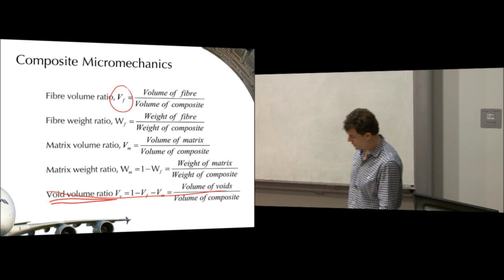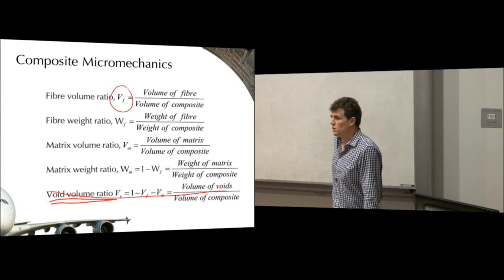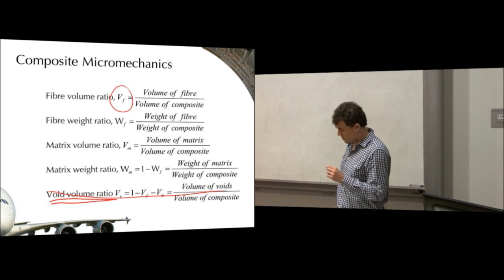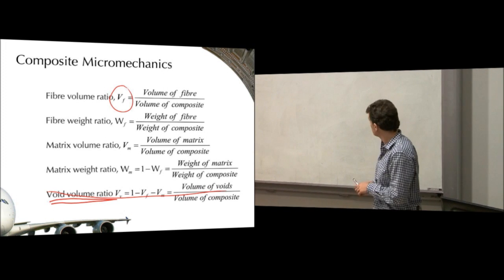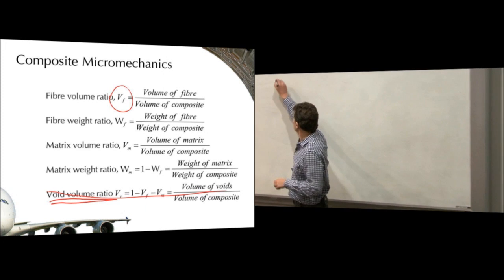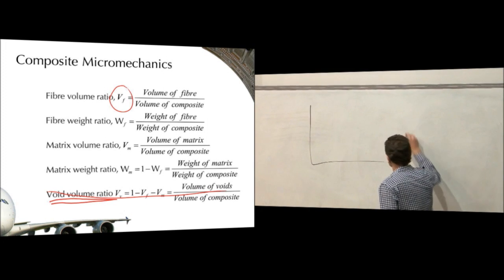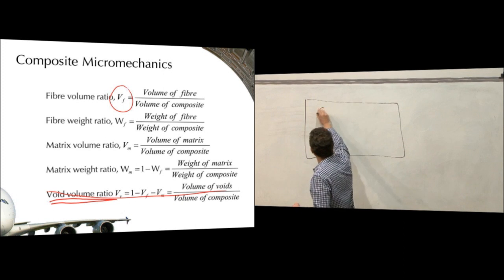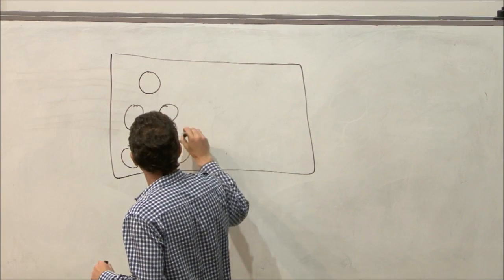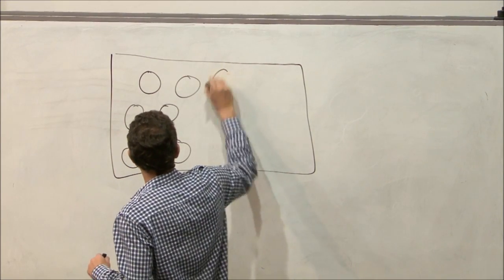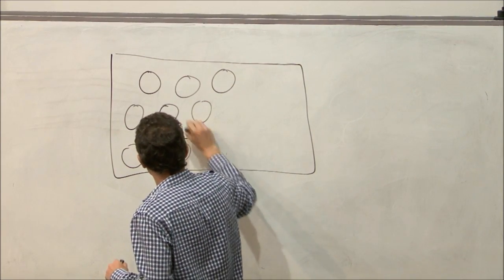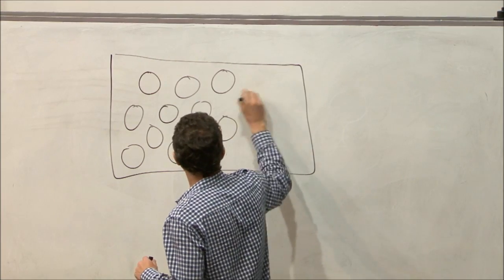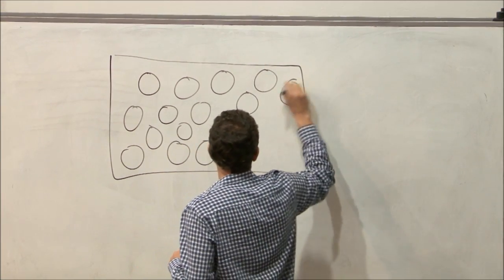Now, because the fibres we're concerned about are cylindrical and continuous, if I was to take a slice through any part of the material, I would see a bunch of circular fibres, and they are actually quite circular for most carbon fibres.